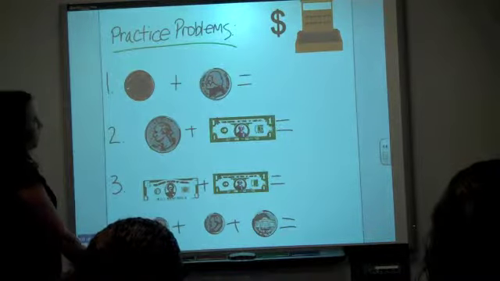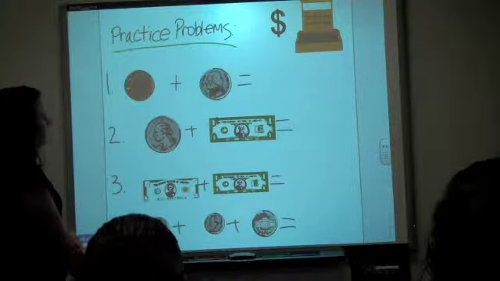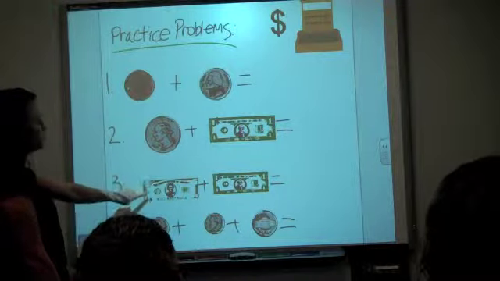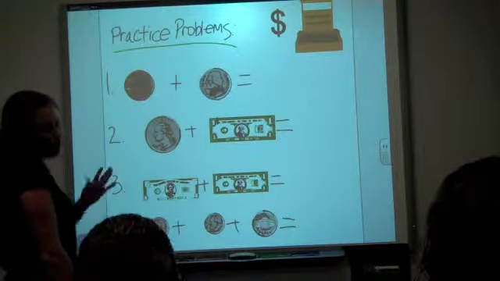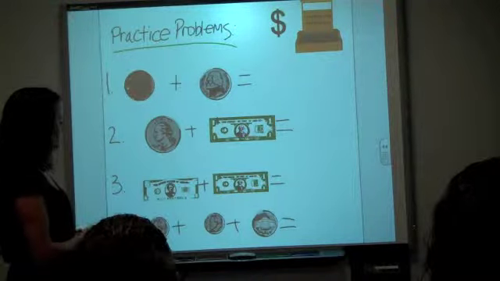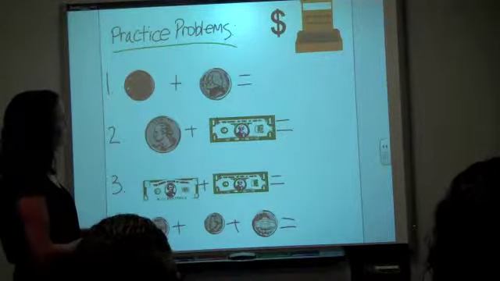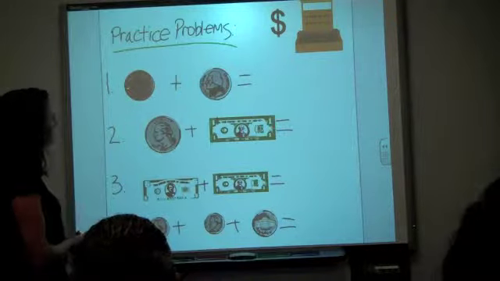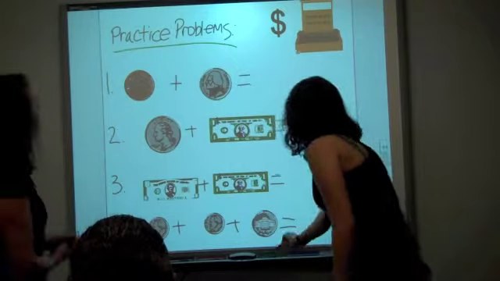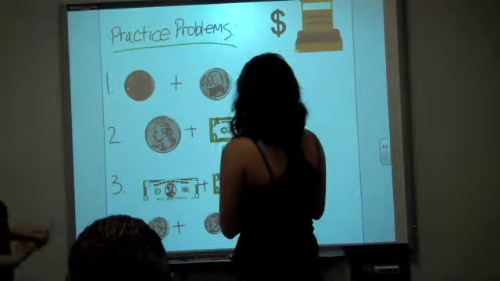Okay, so let's do some practice problems now. This is just going to incorporate all that we've learned, but as you can see for number 3, I've thrown in a curveball with a $5 bill. So we're going to save that one for the last problem that we do. But Christina, if you want to come up and do number 1, you try and remember how much each coin value is and then add them together. So what's the first one?